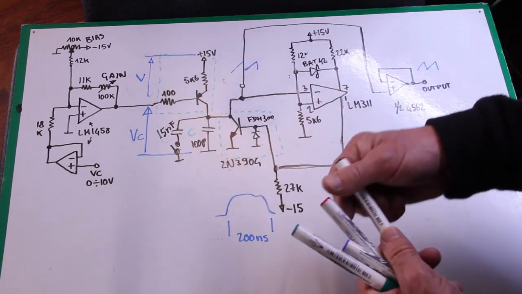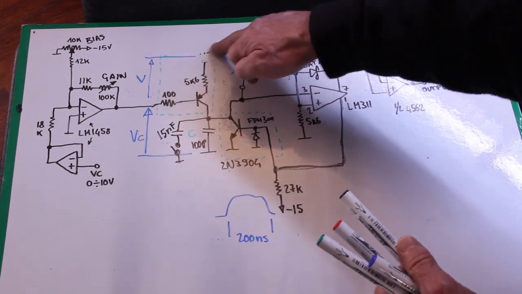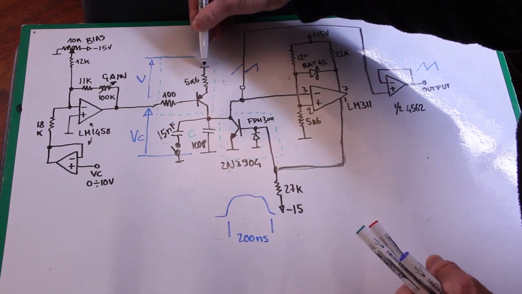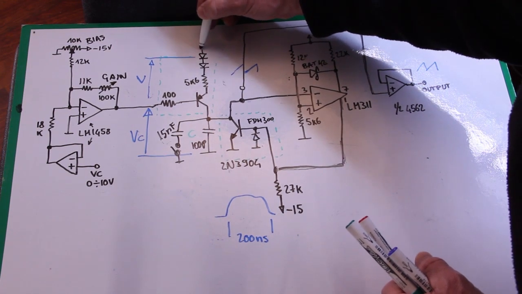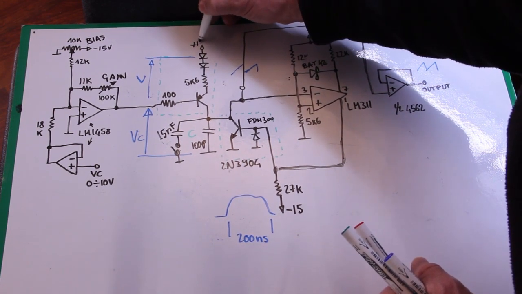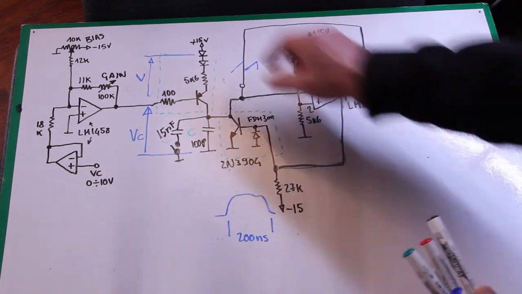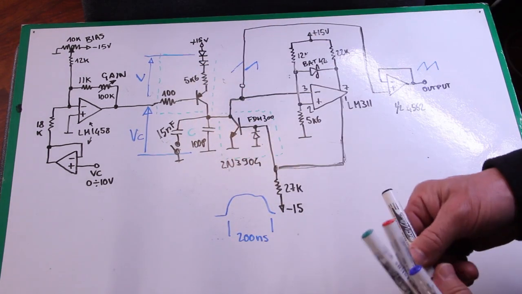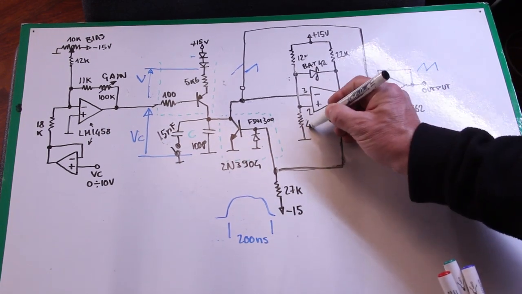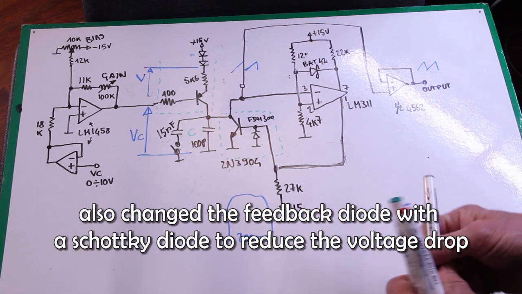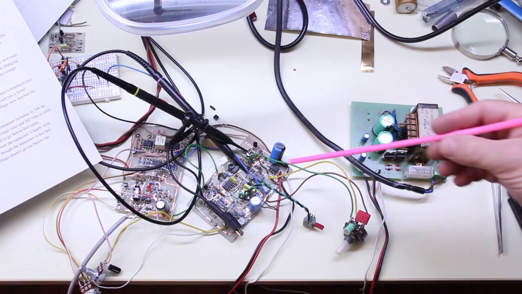So to lower this voltage a little bit and to stay within the range of the operational amplifier, we just add a couple of silicon diodes here, and here we have the positive rail, and so we have a fixed voltage drop here of 1.4 volts. Also reducing this resistor a little bit allows having a larger voltage here.